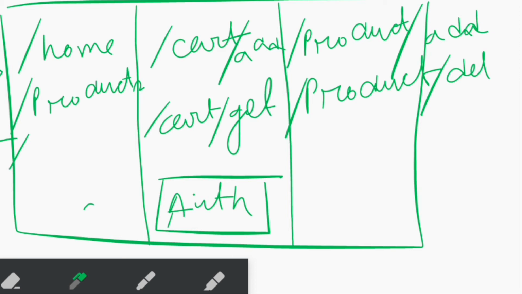Now coming to the third part, the URLs are /product/add and /products/delete. When you go inside any e-commerce web application, you can't actually delete, add, or edit any product. It is only done by the admin role or some specific user role who has the admin permission. So here I will need one authorization service.